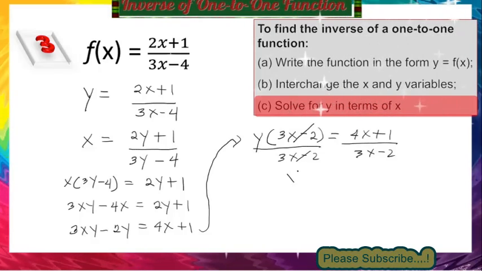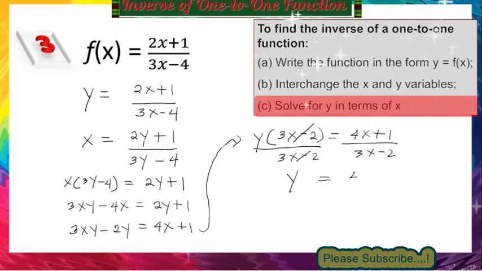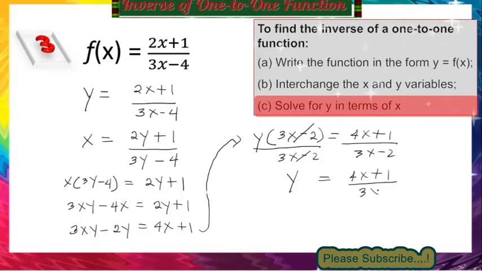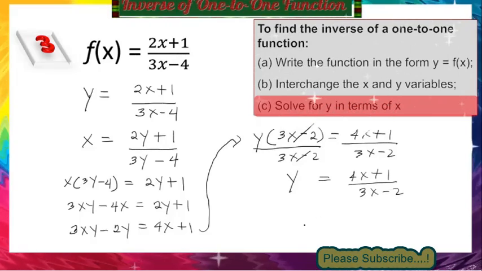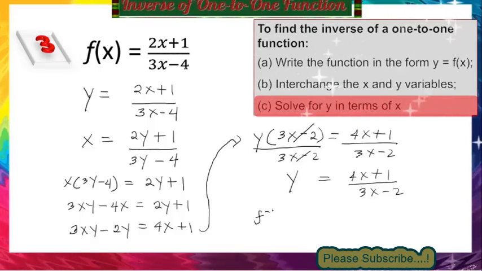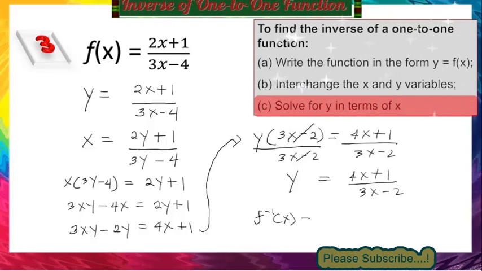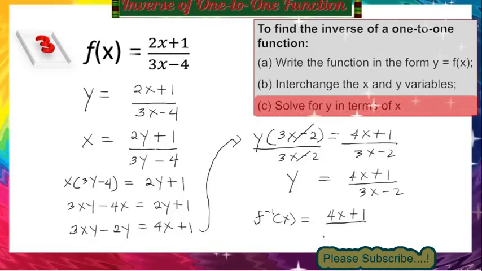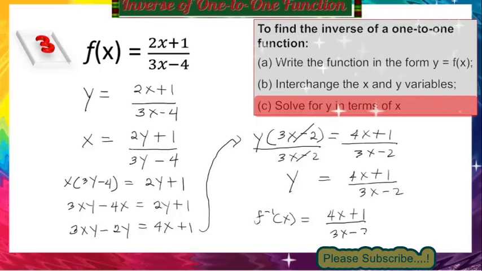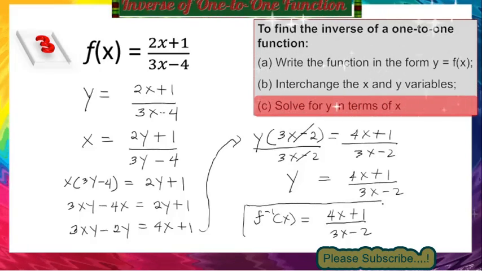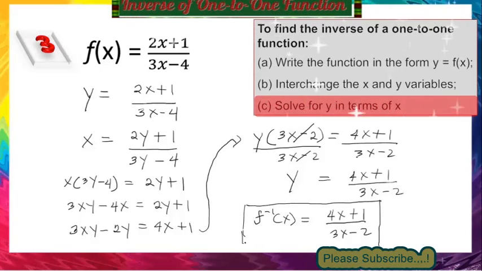The remaining is y equals 4x plus 1 over 3x minus 2. So our final answer for this example is f inverse of x equals 4x plus 1 all over 3x minus 2. So this is now the inverse of the given example.